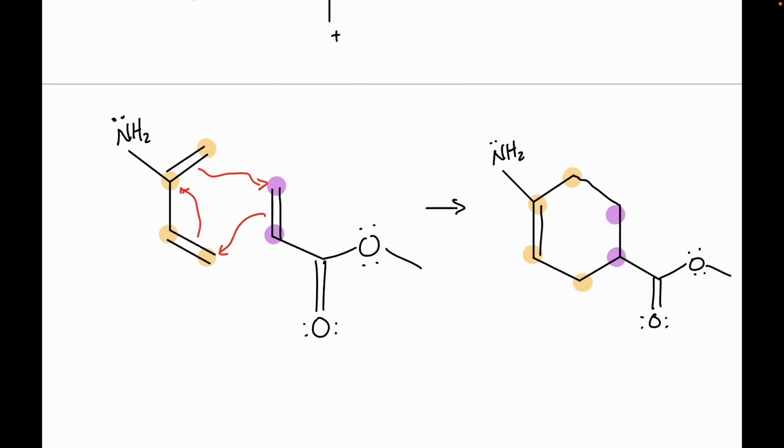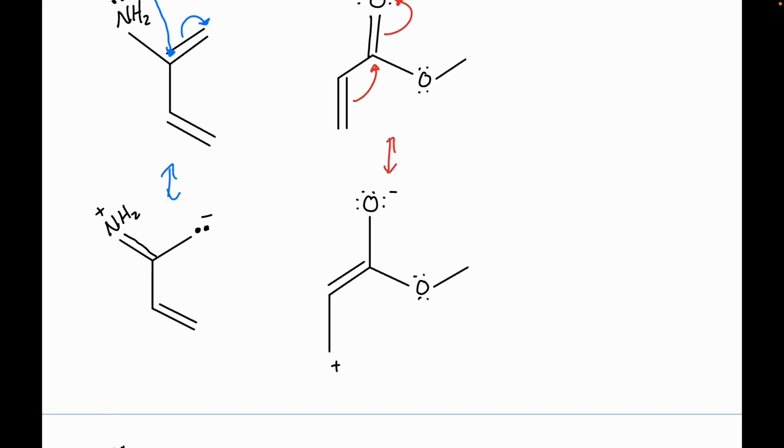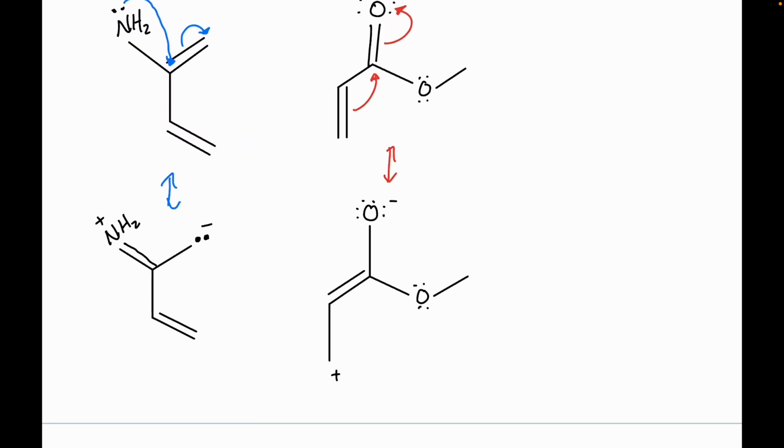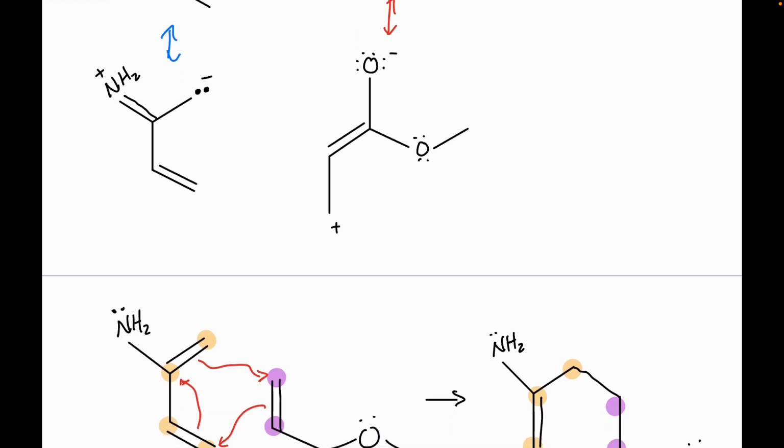So when you're drawing it to then draw the product, you need to draw the non-resonance structures? You could certainly draw a mechanism with electron pushing arrows from these two resonance structures here, but you would essentially be undoing all of those resonance events in order to get to where that pair of electrons is jumping.